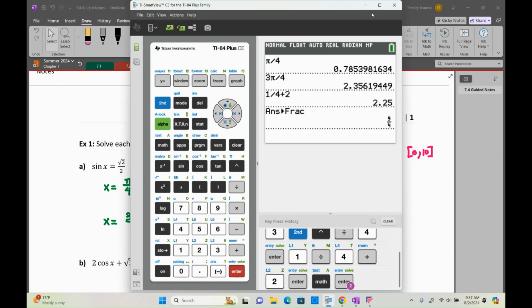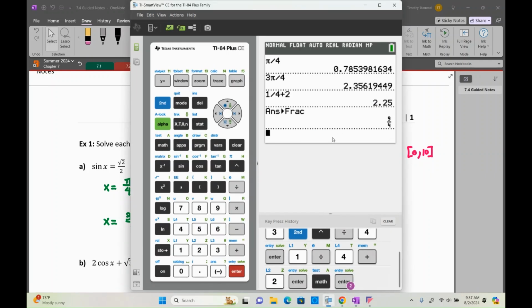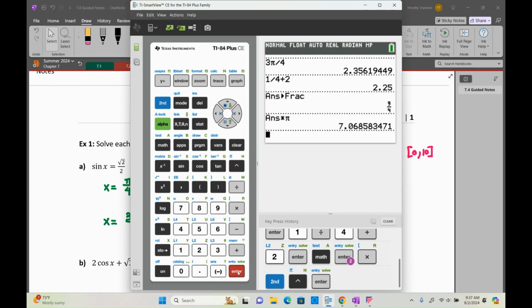And what that gives us, 9/4. So I'll end up with a 9 pi over 4. And we actually have the decimal approximation. Oh, no, we don't. Let's see what this is approximately equal to if I include my pi. So this is still less than 10. Okay, so this is a good answer.